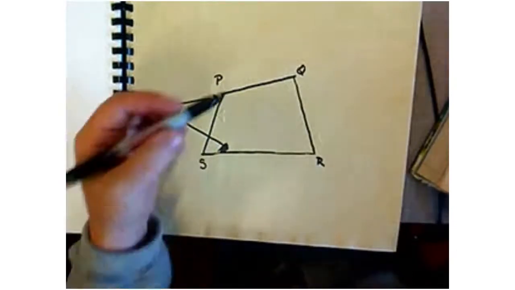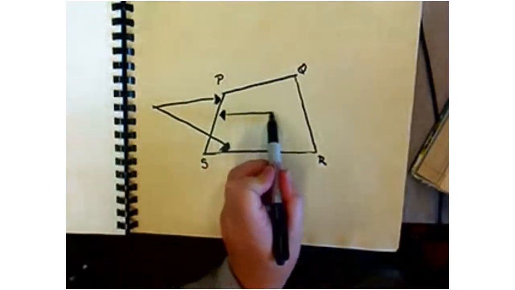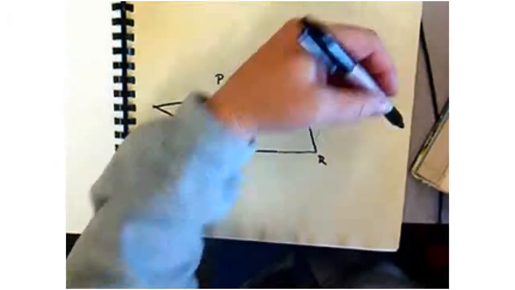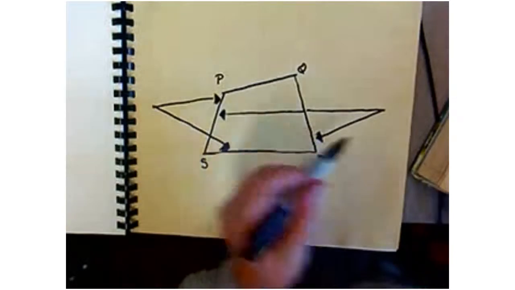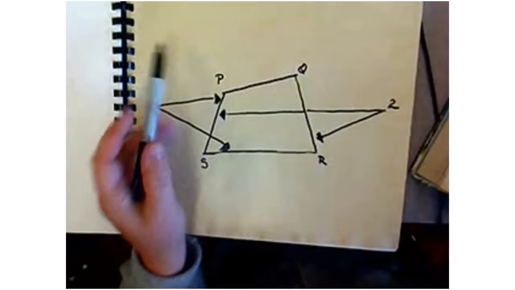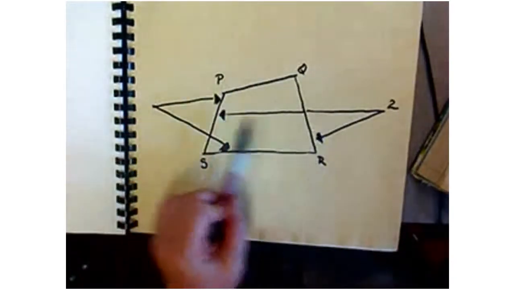So then the next piece of information, they have arrows pointing off to the right. They have long arrows pointing into PS, and then an arrow pointing at RQ. There's a little key to that, number 2. And if you go up and read number 2, it says side PS and QR are non-consecutive sides.